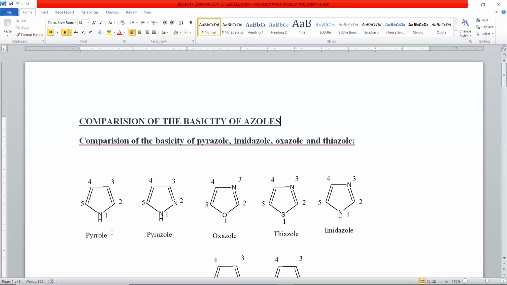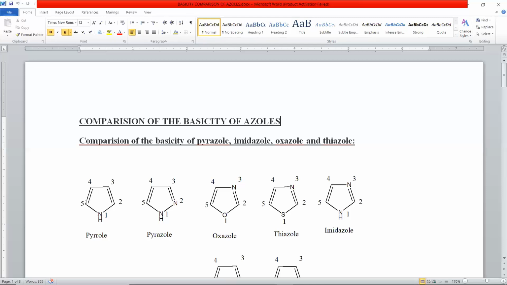So now let us see pyrrole. This is pyrrole. It contains NH. So the lone pair of electrons present in pyrrole is present in the p orbital, and it forms a part of the aromatic sextet.